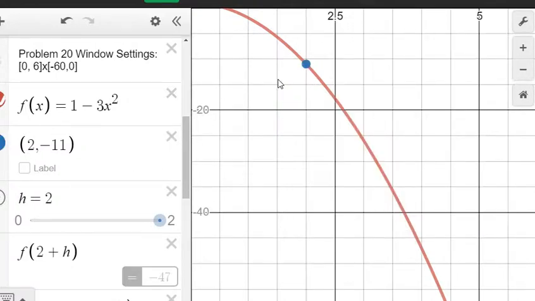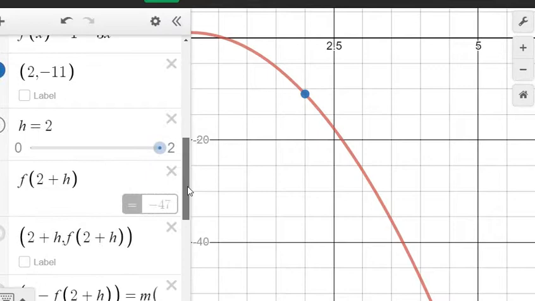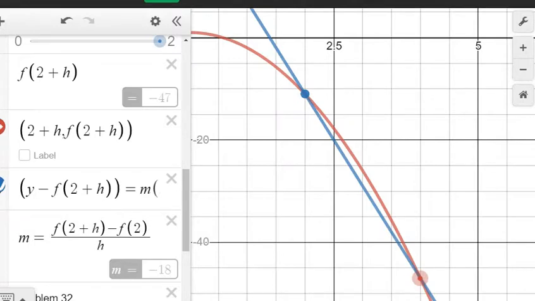Here's my point at 2 and negative 11. And if I turn on another point, say this one, I can look at the line between these 2 points. And the slope of the line is going to be my average rate of change. So I want to turn on the line there.